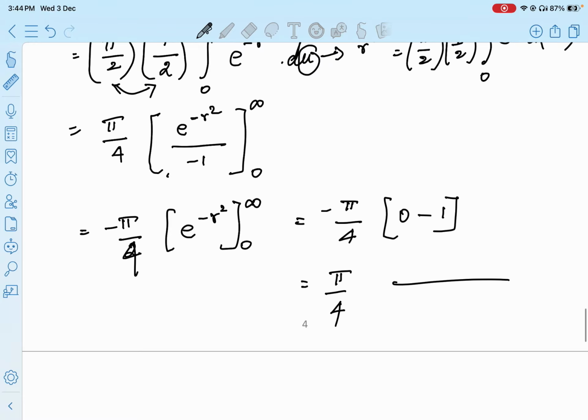Minus into minus becomes plus, so pi by 4. This is our equation number 1.